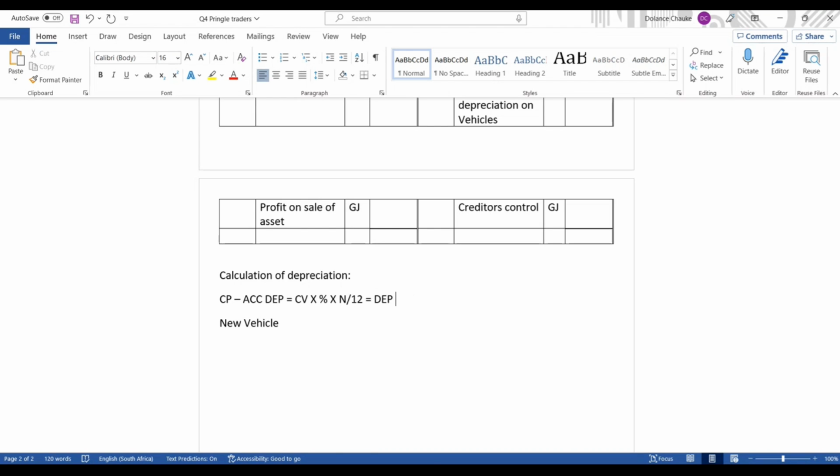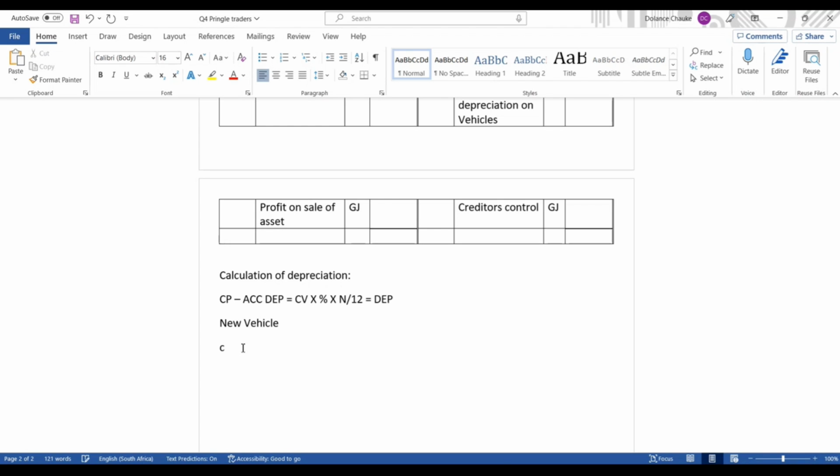Is that clear? The diminishing balance method is like this. You calculate the carrying value first. After calculating the carrying value, you multiply by the percentage given, you multiply by n, you divide by 12, you get your depreciation. So now, let's go to our new vehicle. Our new vehicle, I always want you guys to use this method.